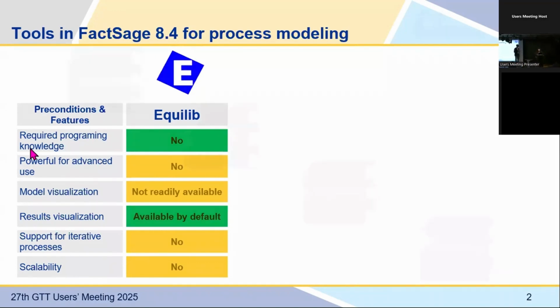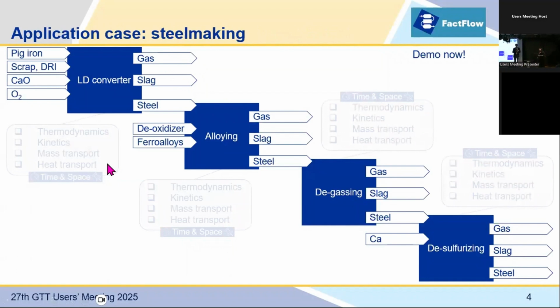Very quick wrap up again of the process that we want to cover now in this demonstration. So we start with the LD converter, where we have 4 different input streams entering the converter. And we say we have 3 output streams that leave the converter in the end. Some of that slag might be carried over, as we have learned yesterday.